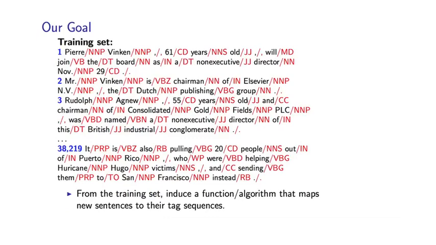So our goal is going to be the following. We're going to treat this as a machine learning problem. And so we'll assume that we have some set of training examples. This is actually a set of sentences taken from one very commonly used resource called the Wall Street Journal Tree Bank. And here we actually have close to 40,000 training sentences, where each training sentence consists of a full input sentence together with the underlying part of speech tags.